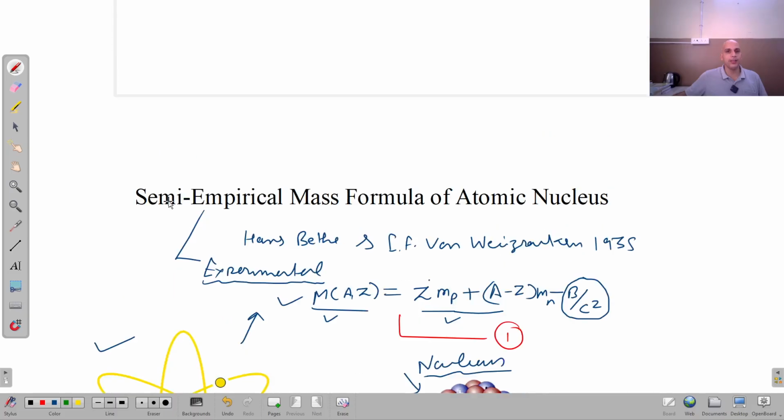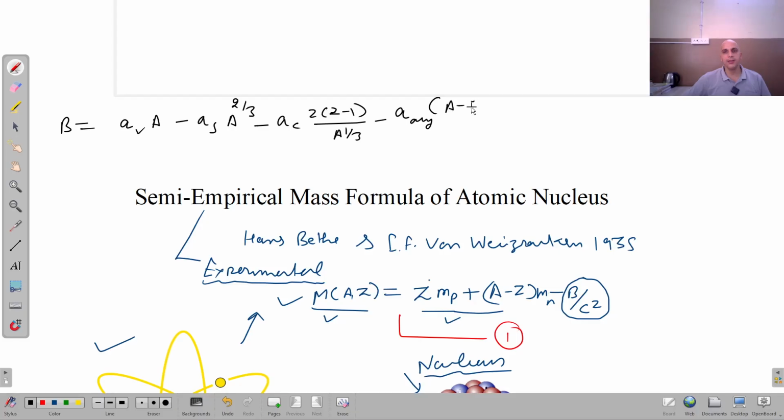So I can now write down the formula here. By combining all these terms, first of all I am writing the binding energy, that is equal to A volume into A, minus A surface into A power 2 by 3, minus A Coulomb into Z(Z minus 1) divided by A power 1 by 3, minus A asymmetry into (A minus 2Z) square upon A, plus minus A pairing divided by A power 3 by 4.